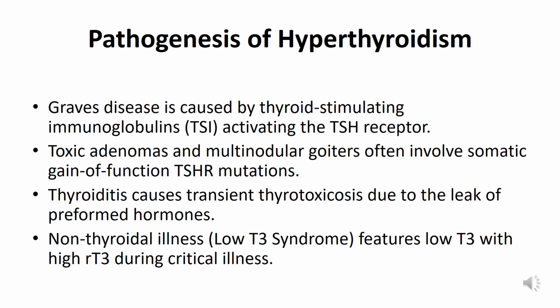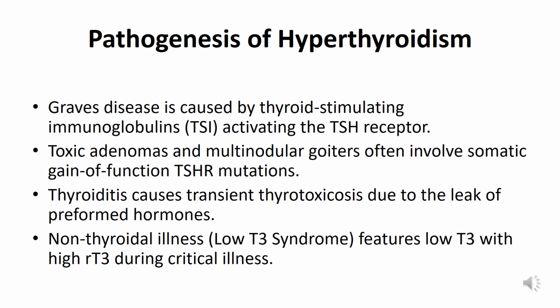Thyroiditis can also produce thyrotoxicosis, but through a very different mechanism. In thyroiditis, inflammation damages thyroid follicular cells and causes leakage of preformed thyroid hormones into the bloodstream. Importantly, the gland is not actively overproducing hormone.